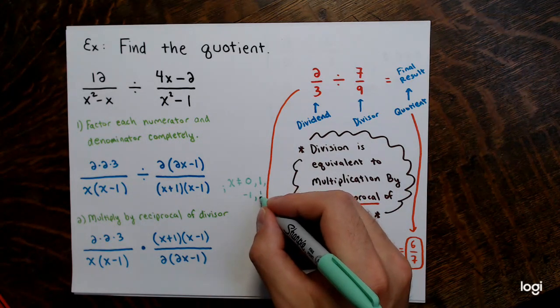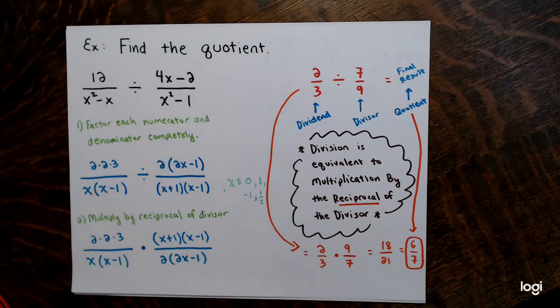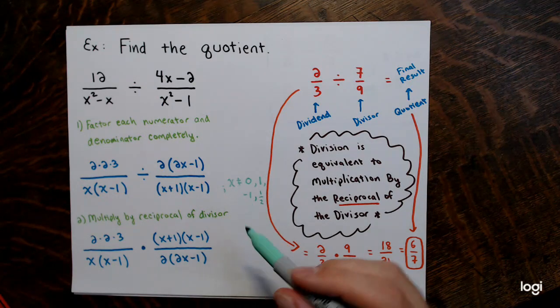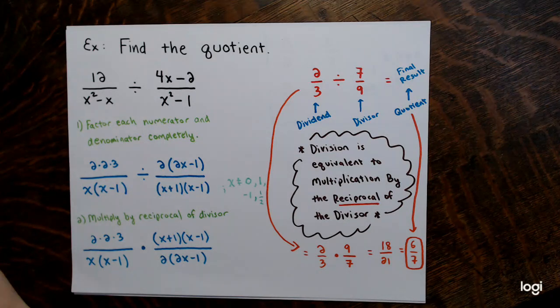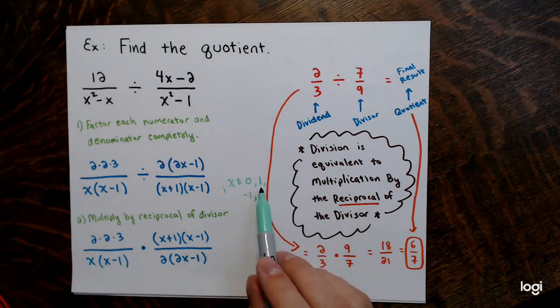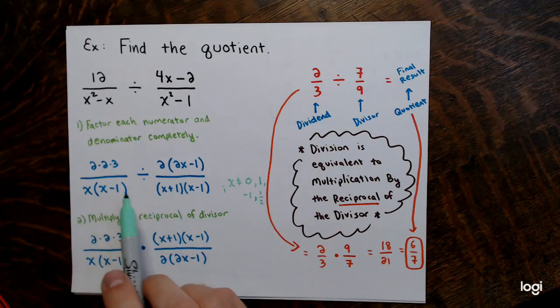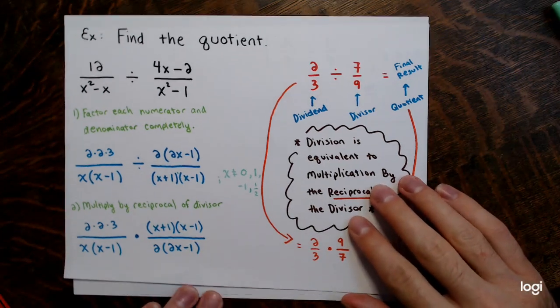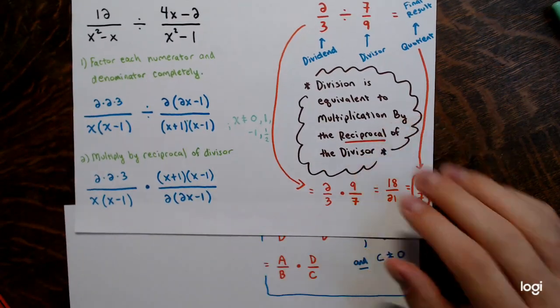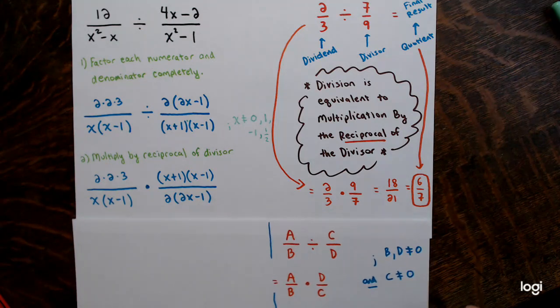You would add 1 divided by 2 if you set that equal to 0. So 1/2 is going to be added to the values that I cannot replace x with. If I replace x with any of these four numbers, I'm going to be dividing by 0 at some point during this problem, and that's no good. Then after this, just continue on back to the page we had earlier.